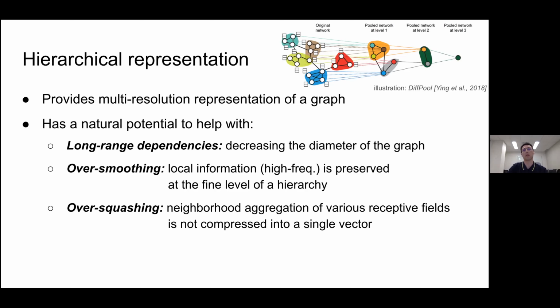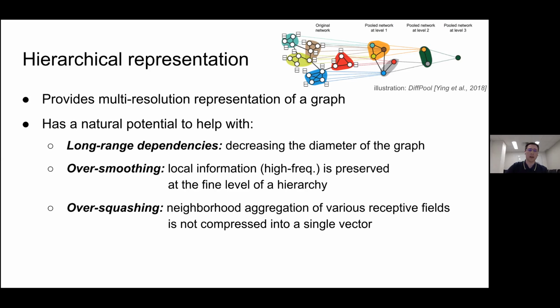Okay. And also, since we are not using just the representation of the original graph with a fixed vector size, but also have the representation of the graph in multiple resolutional views, we are not collapsing all the information into a single vector.